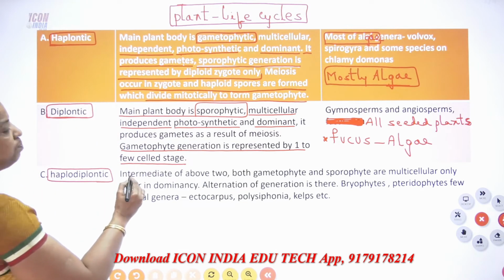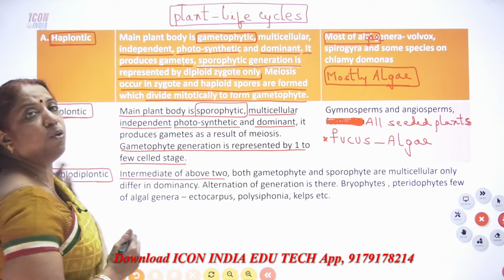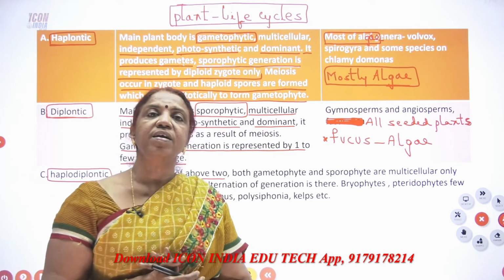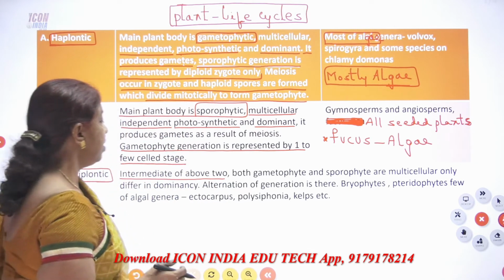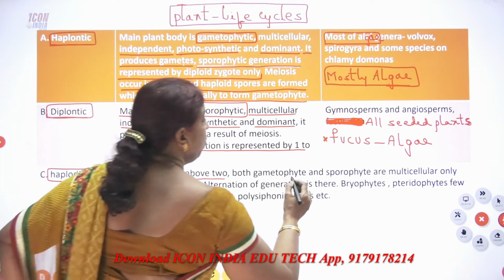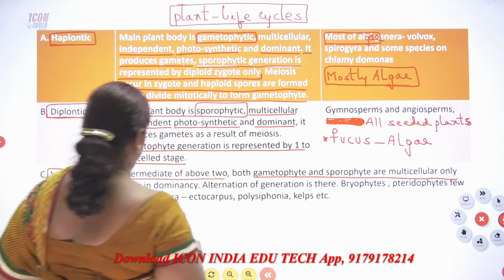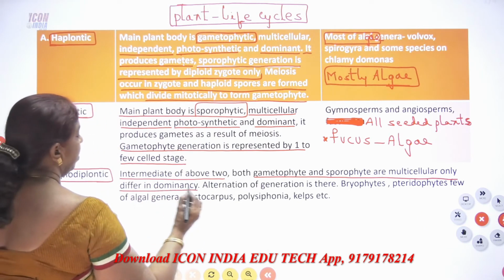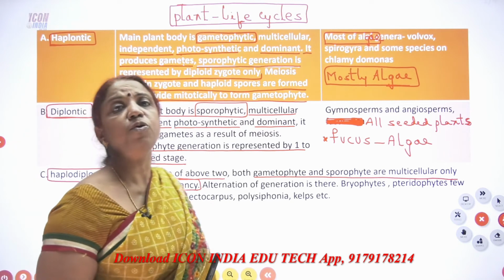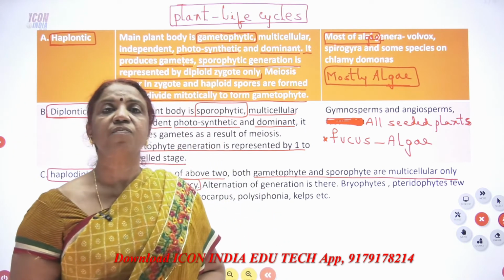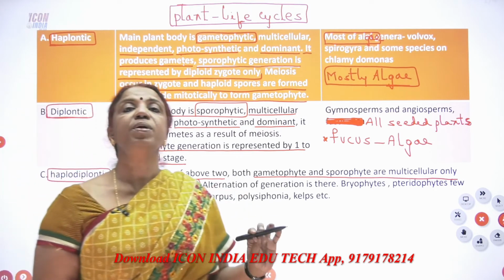Here both the gametophytic and sporophytic generations are present. Both gametophyte and sporophyte are dominant and multicellular, but they differ in their dominancy.